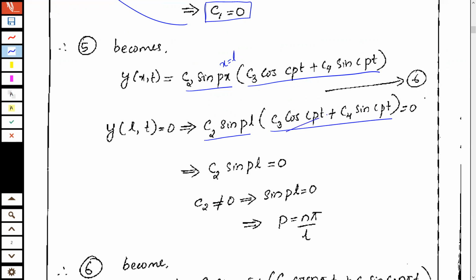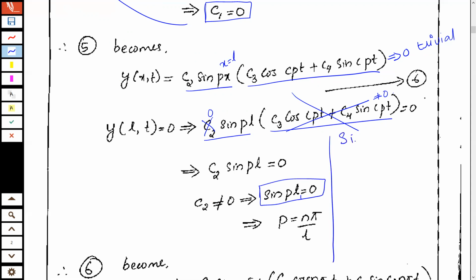As we have discussed earlier, this term cannot be equal to 0, and c2 also cannot be equal to 0, because if c2 is equal to 0, again this leads to a trivial solution and we will not get a non-zero solution. Therefore, the only possibility is sin pL = 0.